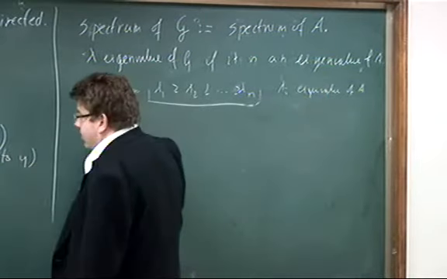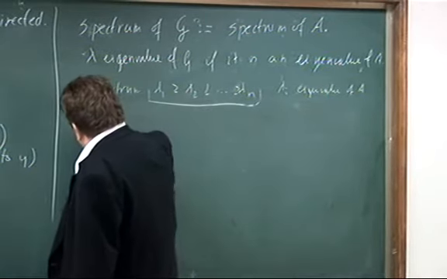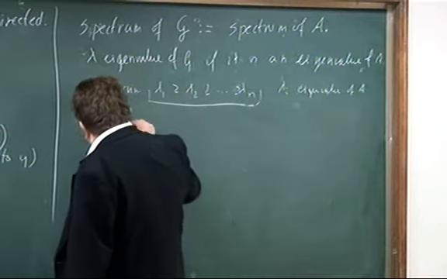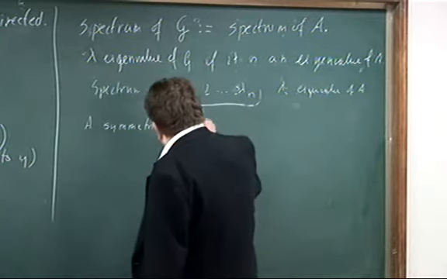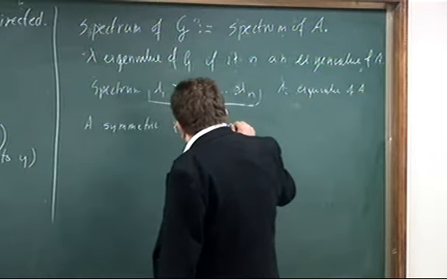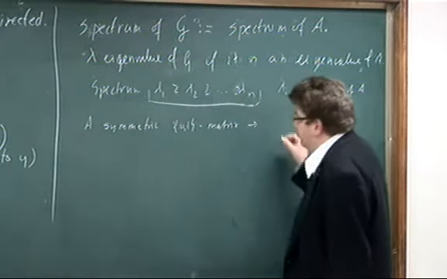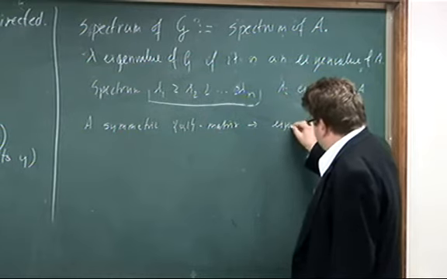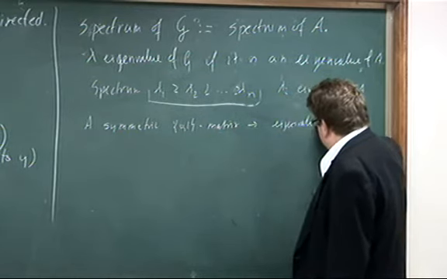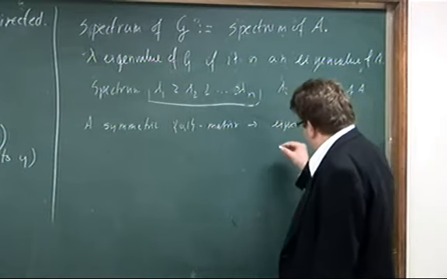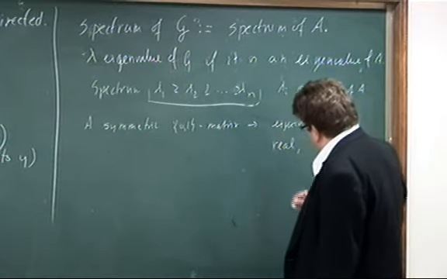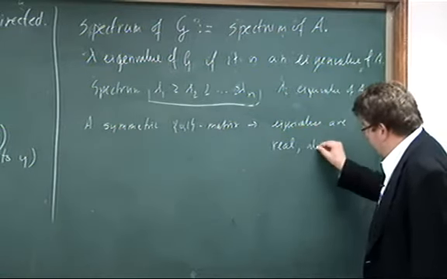So, of course, A is a symmetric 0-1 matrix. So therefore, the eigenvalues are, what shall we say, real. You can say also algebraic integers.